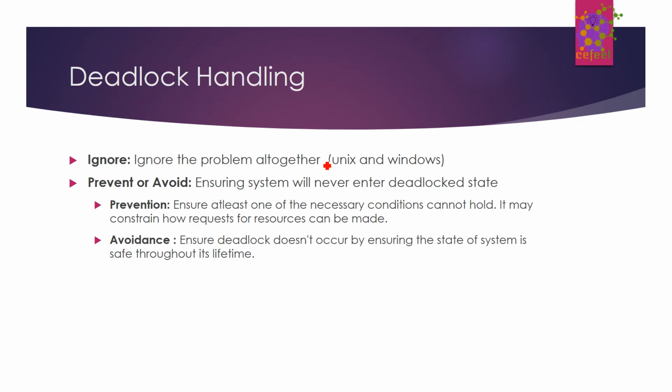In avoidance, we maintain a safe state of the system. We'll come to more about what a safe state and unsafe state are in the next few slides, but for now let's just take it that in avoidance we always ensure that the system stays safe, and whenever we see that the system might be going into an unsafe state, we just don't take that step.